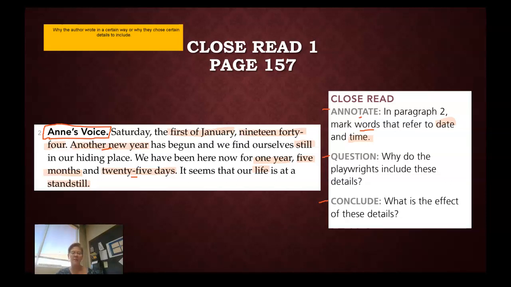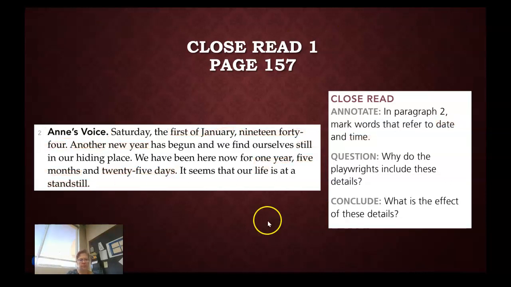So the effect of this, in my opinion, is it helps the audience connect with what the character is feeling. So as Anne feels stuck, including these details helps us to see that though time is passing, life is not being lived. Her life is at a standstill.